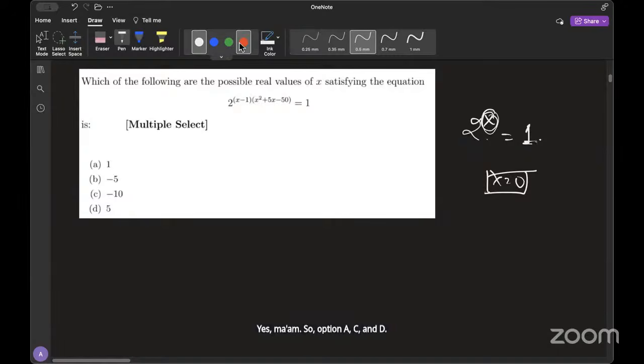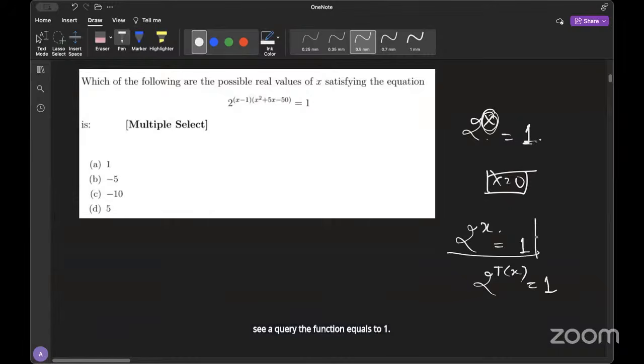Okay. The important thing to notice here is, if you have something like this, let's say you have 2 to the power x equals 1, or let's say 2 to the power of a function tx equals 1.